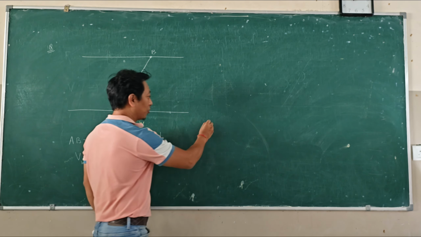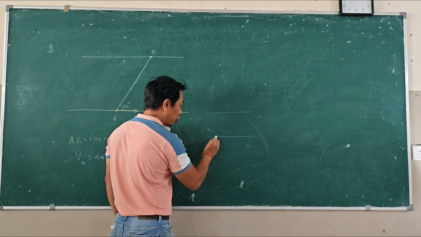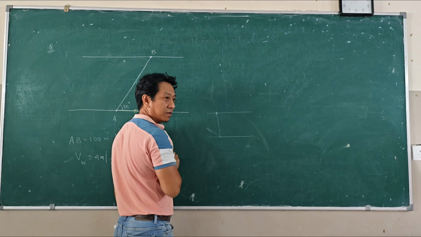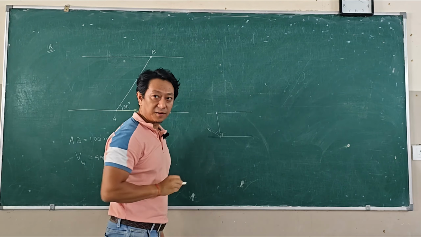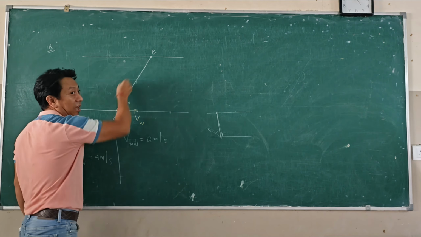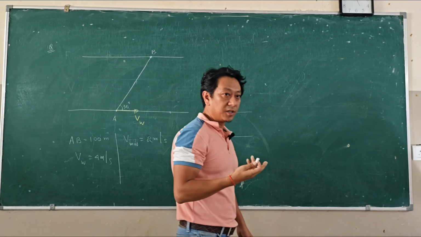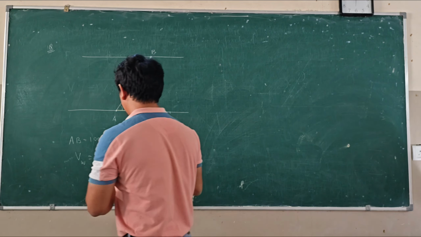Like in the previous question, when they asked at what angle you should swim so that you reach here, we measured this angle first, then we added 90 degree. The only difference is this line now I have converted to this line, that's it. Understood?